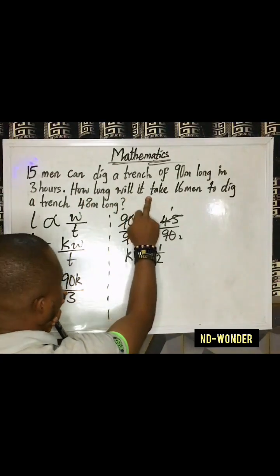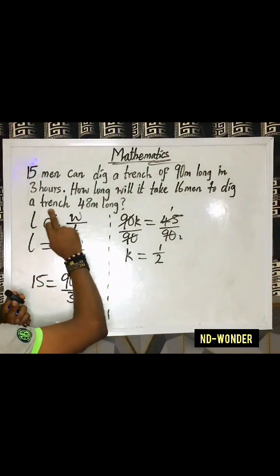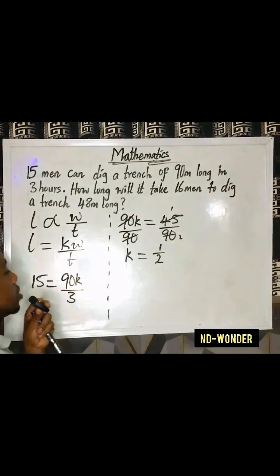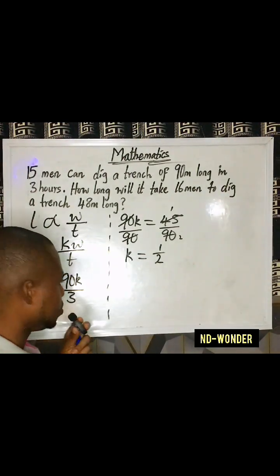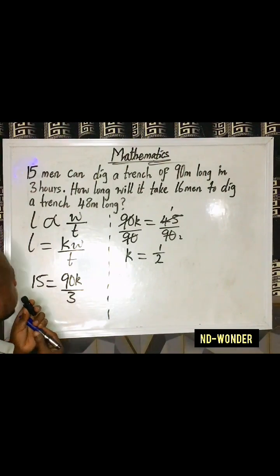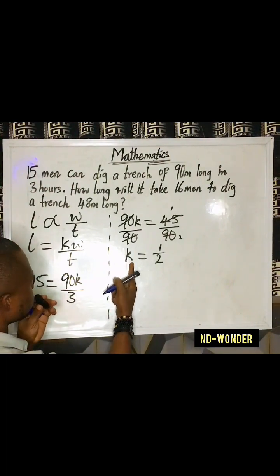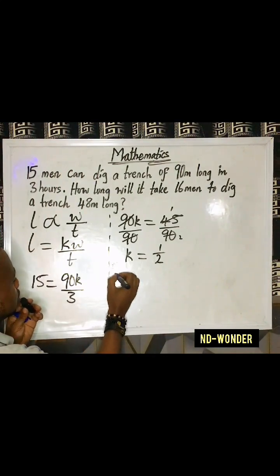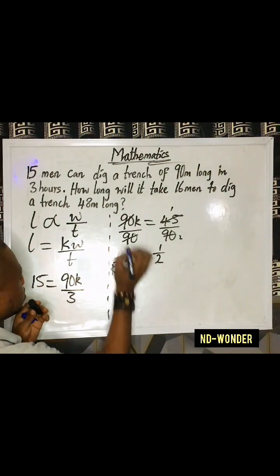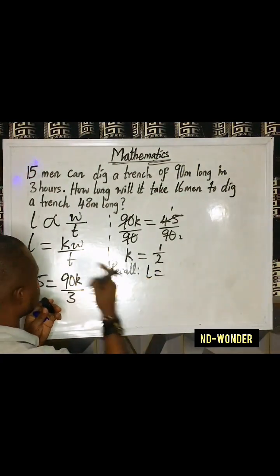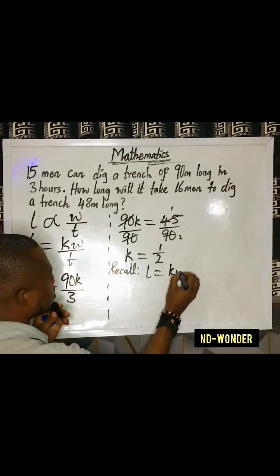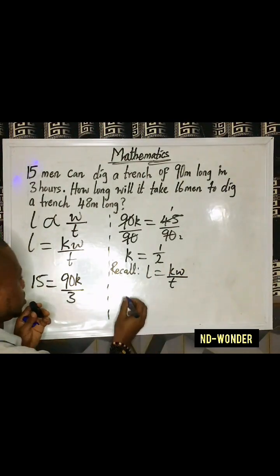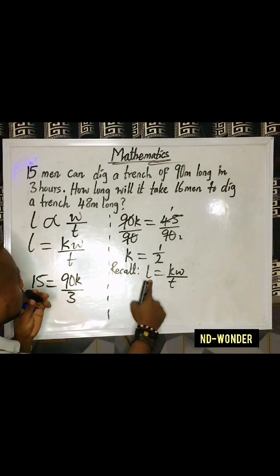How long will it take 16 men to dig a trench 48 meters long? Okay, what we need to do here now is K is already given to us. Why don't we recall this formula? You recall that L is equal to K W over T. Then what is our L?